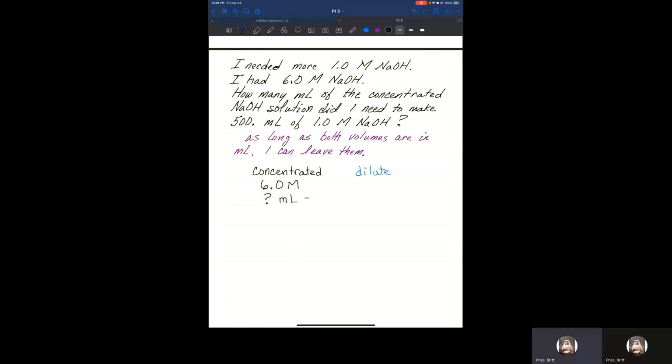So I'm asked about volume. I like C for concentrated instead of stock. And then on the dilute side, I know that's what I'm after. I'm after 1.0 molar, and I want to be making 500 milliliters.